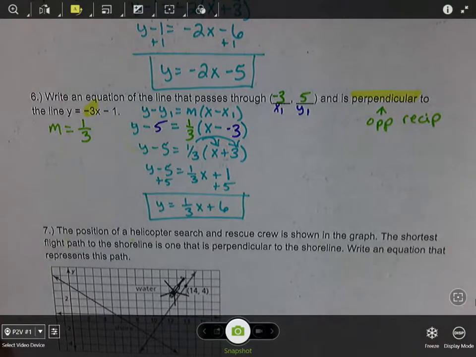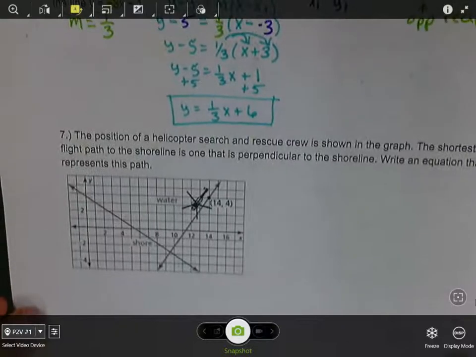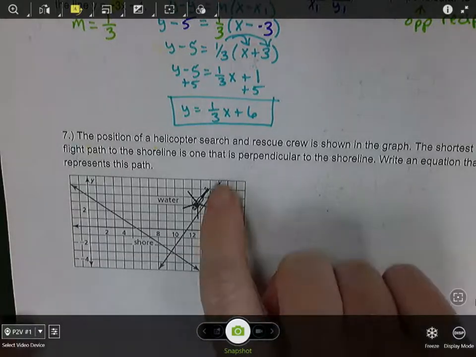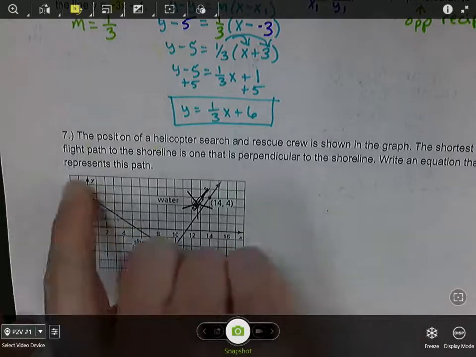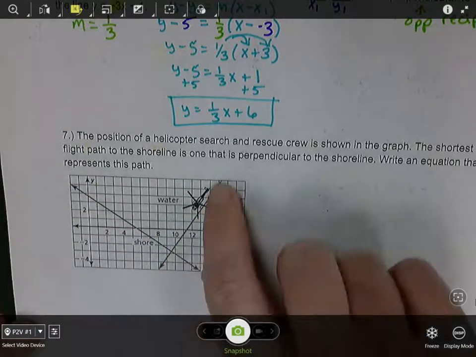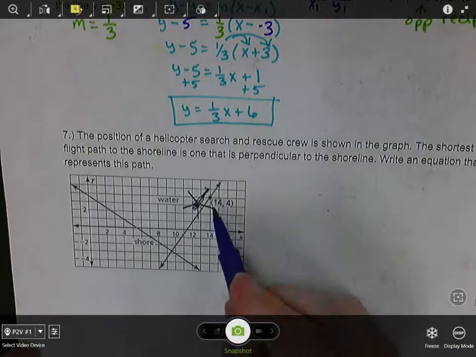Okay, all right, so in order to write your equation, you need to know the slope and you need to know the point on a line. Okay, see how they already have this line ready for us, and it's already perpendicular to this line. So to do that, we need to figure out the slope of this line. Okay, now to figure out the slope of the line, they already have one ordered pair shown for us.